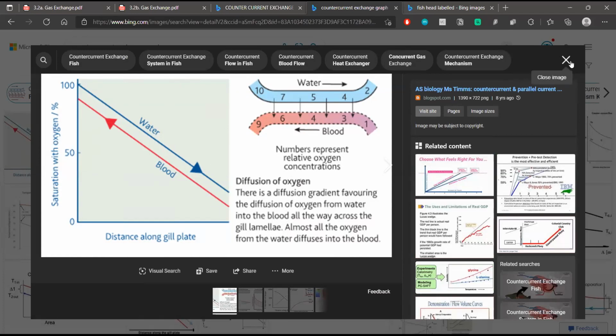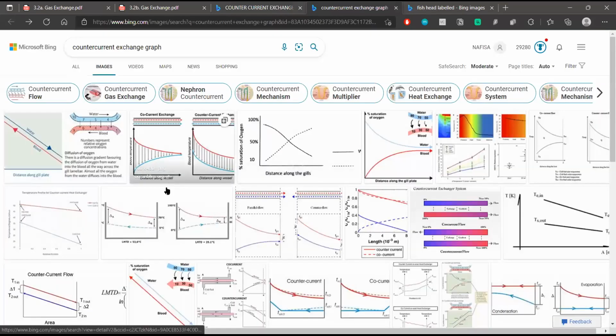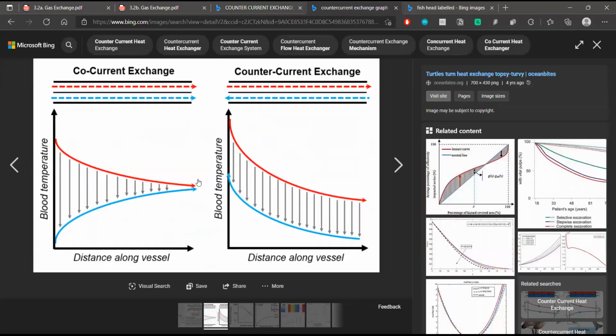Whereas co-current exchange looks like that. With co-current, you end up having huge diffusion at one end, but with countercurrent, there's constant diffusion at both ends. Does that make sense?